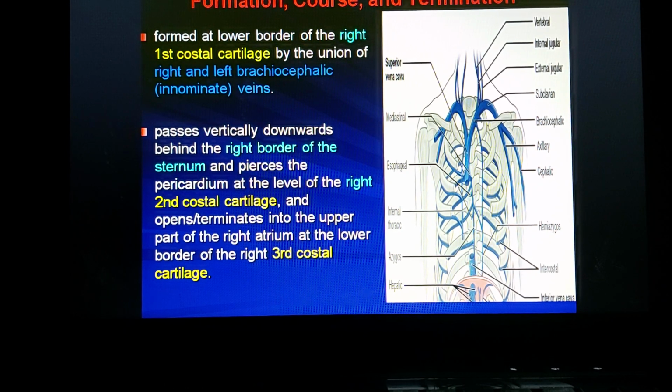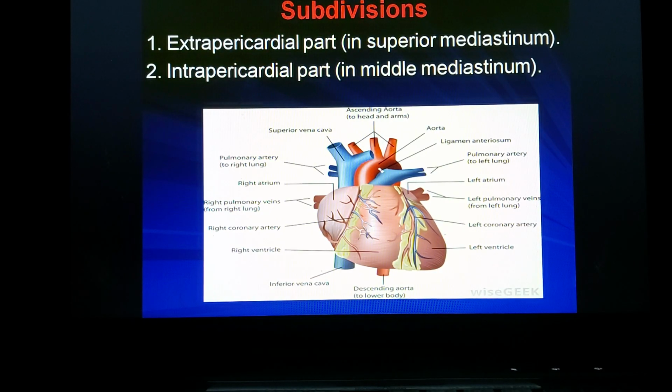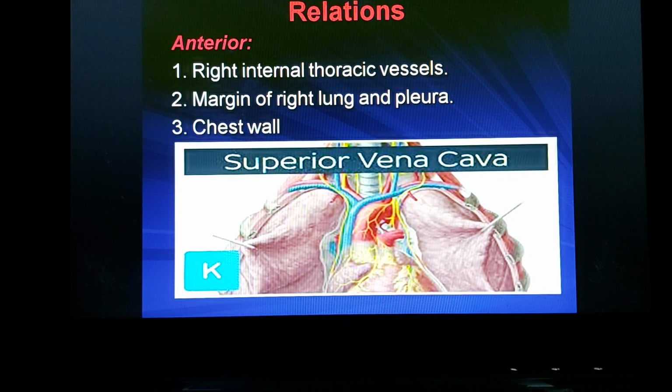Coming to the termination, it ends within the right atrium at the lower border of the right third costal cartilage. So the first level is the formation, the second costal cartilage level is where it pierces the pericardium, and the third costal cartilage level is the termination of the superior vena cava. Subdivisions are extrapericardial and intrapericardial parts. Anterior relations are the right internal thoracic vessels, right lung, pleura, and the chest wall.